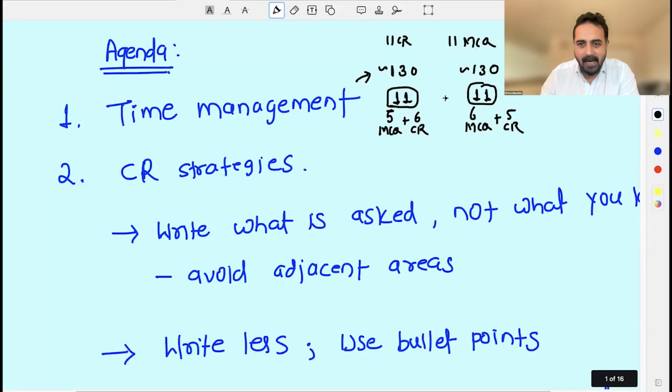So generally, if I had to take the exam now, my strategy would be to create a block of MCQ and CR, where I'll do one case study of MCQ and one case study of CR together. So when the level 3 exam starts, the first case study that I solve would be the MCQ one.